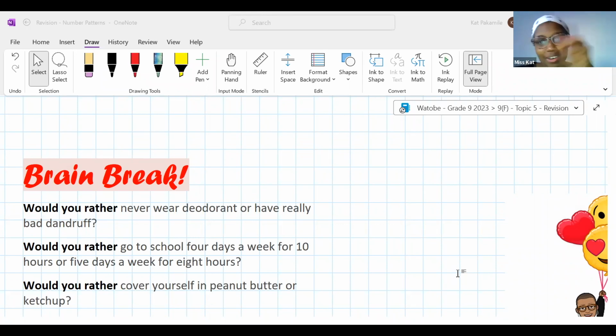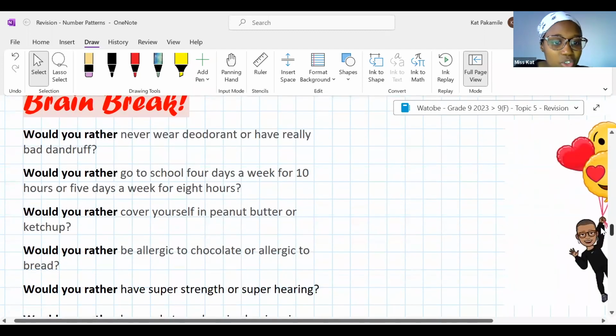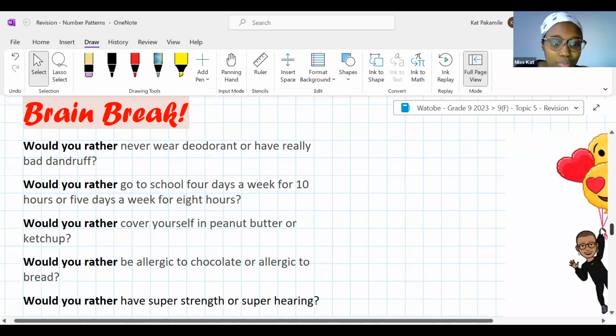Leave your peanut butter out and then come answer after that. It becomes like a brick, it hardens. So just first leave your peanut butter out before you make this decision. Also, guys, don't ask me why I know how stale peanut butter looks. It's a very sad story. Anyway, would you rather be allergic to chocolate or allergic to bread?